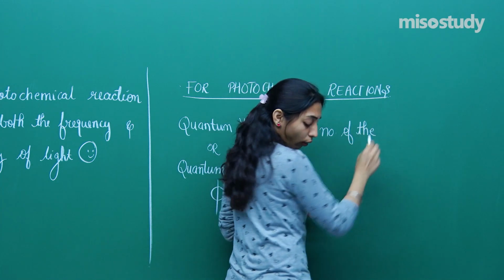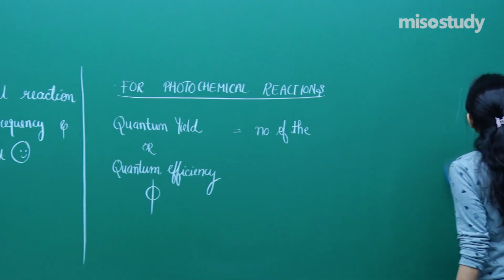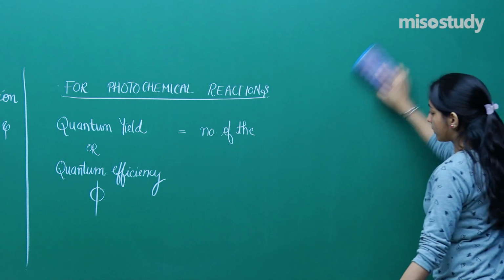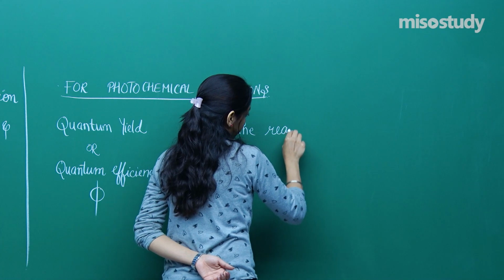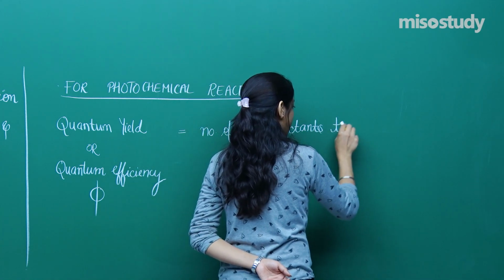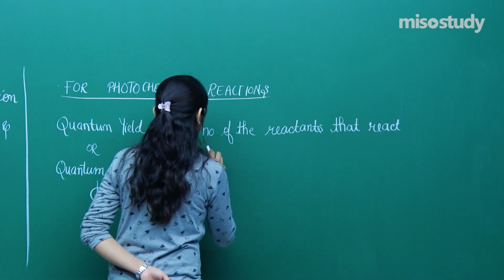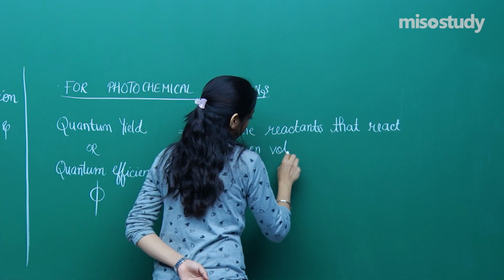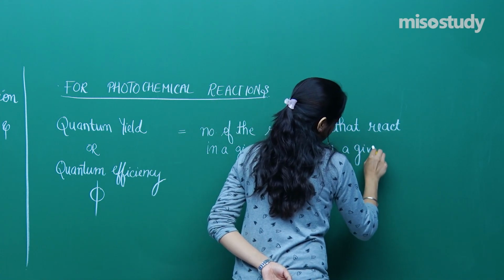the number of reactants that react in a given volume in a given time.